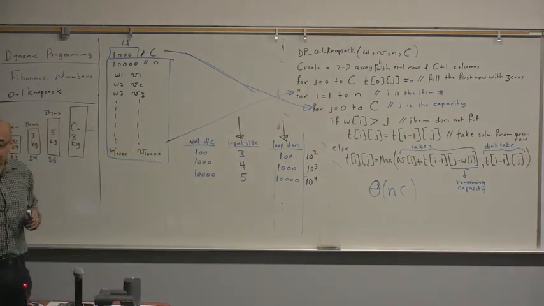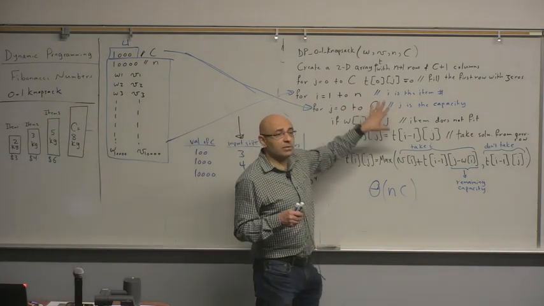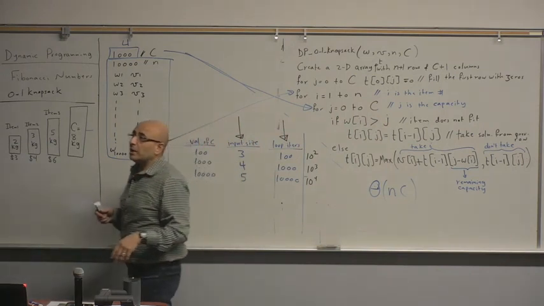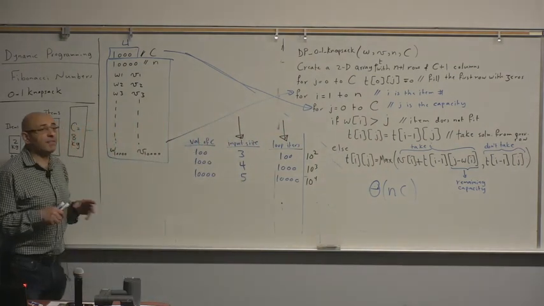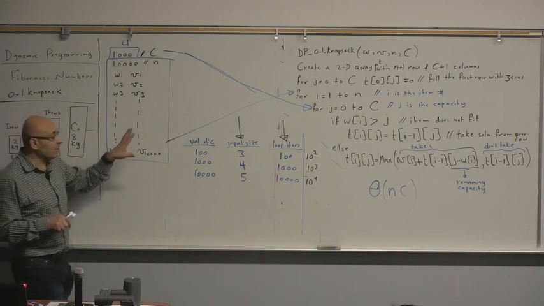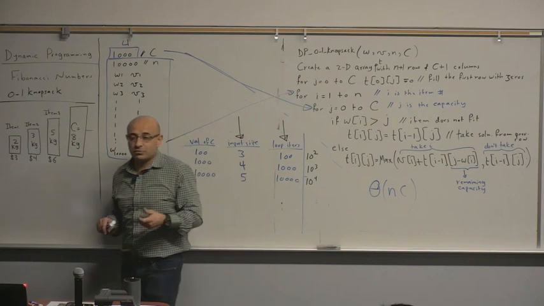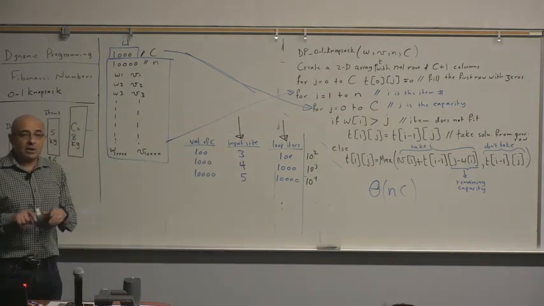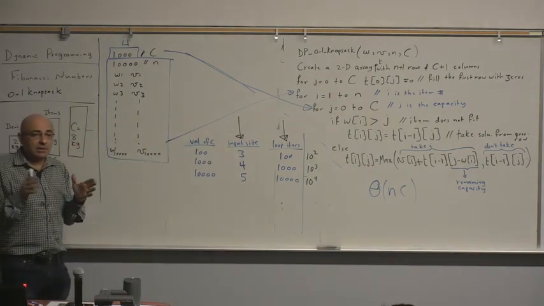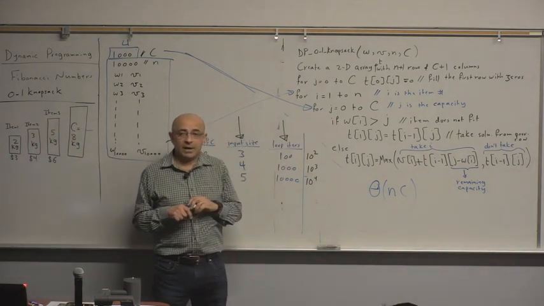But from a practical point of view, this algorithm will behave like a polynomial time algorithm most of the time, as long as C is not huge. As long as C is reasonable, this algorithm is going to behave like a polynomial time algorithm.